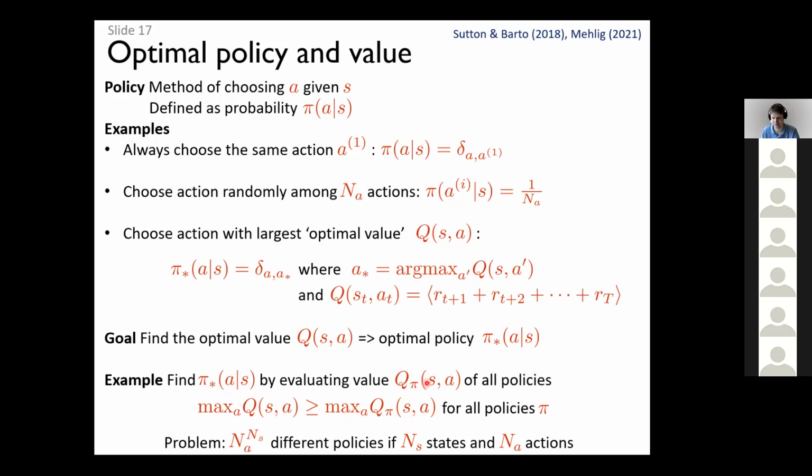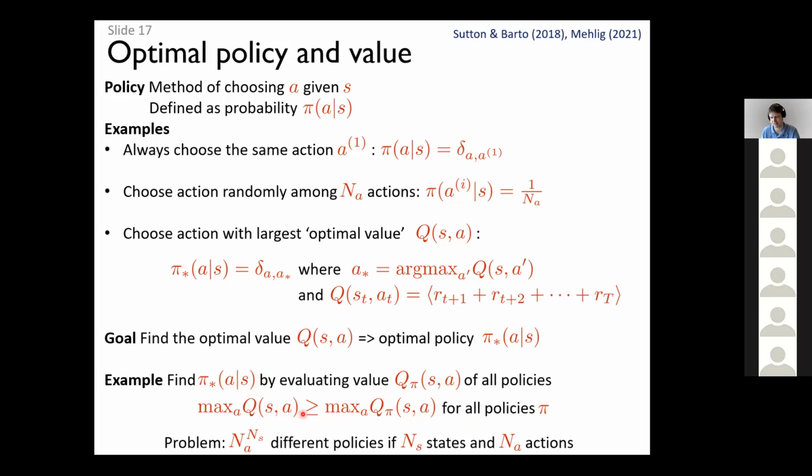So the policy that gives the largest expected future reward must be the optimal policy, and that gives the optimal value. So we just compare all different policies, evaluate the Q function, and choose the one that is larger than all others for all states, and that is our optimal policy.